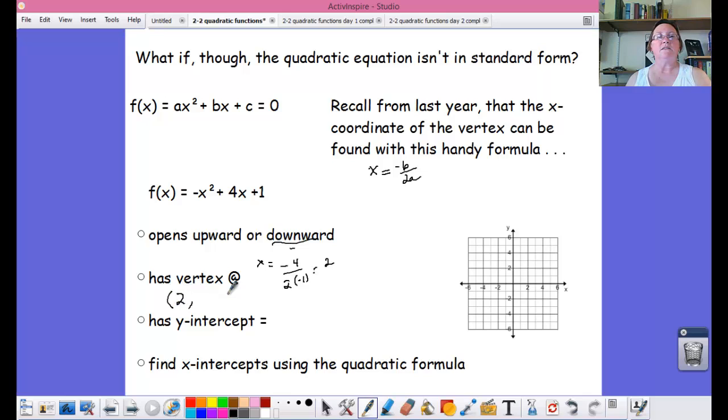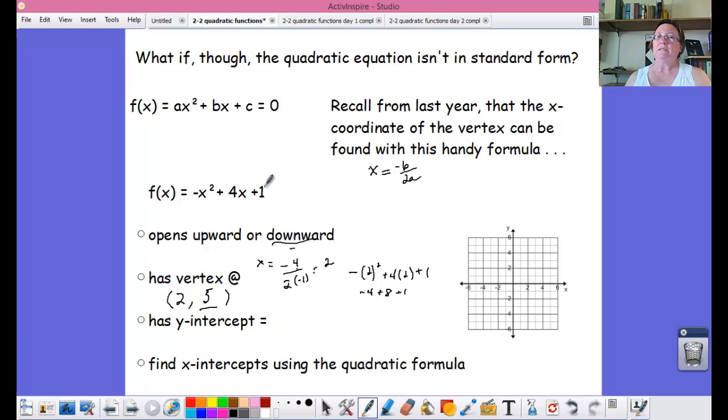Folks, you have to find the y part of it. So you're going to use 2 in this quadratic equation, negative of 2 squared plus 4 times 2 plus 1. 2 squared is 4, the opposite of 4, so negative 4 plus 8 plus 1. That's looking like 5 to me. Our vertex is at 2, 5.